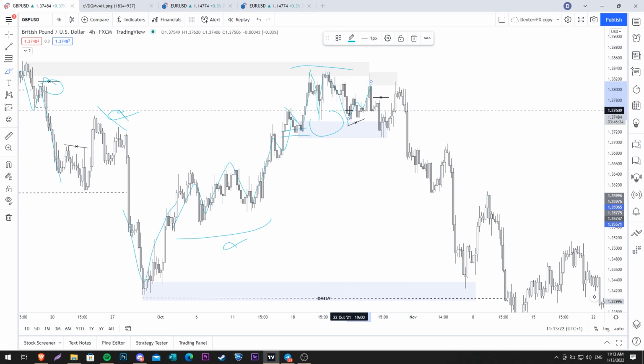Okay, after, price comes back into its demand, breaks its little liquidity that we have here, the sell side liquidity, fills all of the other block, sweeps this structural point, this buy side liquidity here, takes this supply here and goes down.